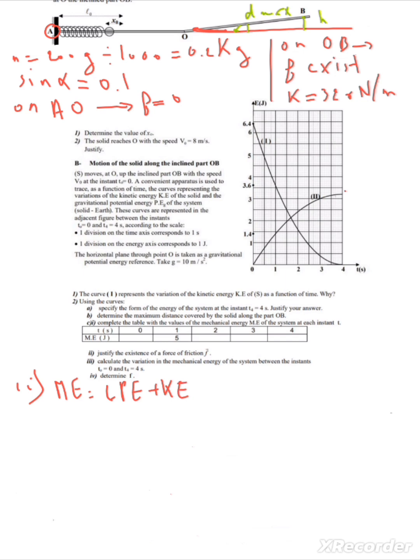So at t equals 0, graphically GPE equal to 0 and KE equals 6.4. So ME equals 6.4.